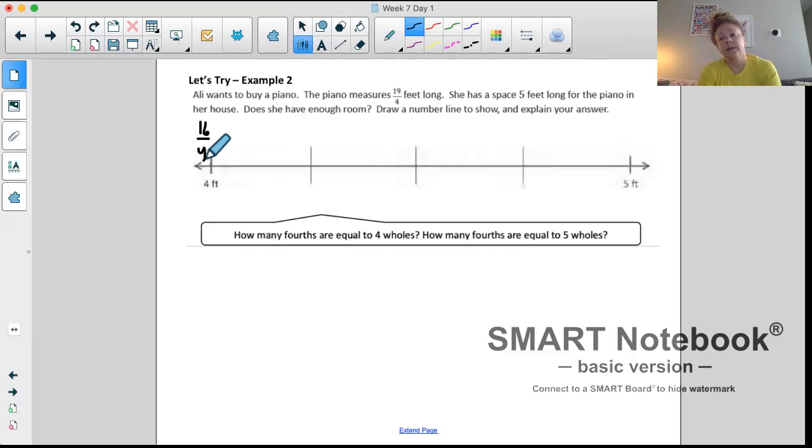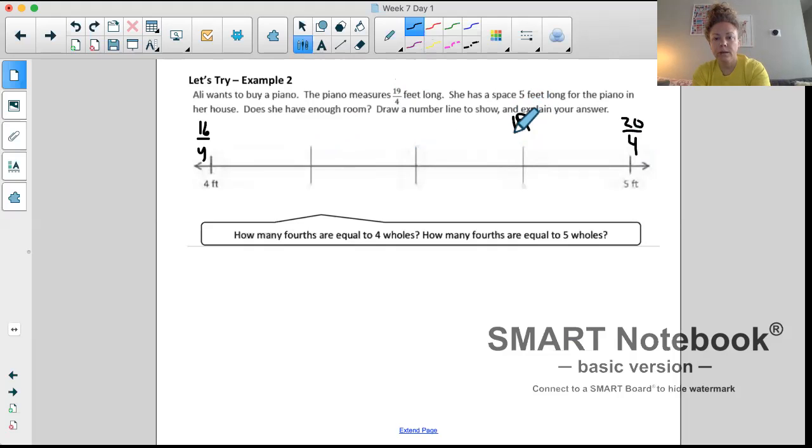Now you can either skip count by 4 again, or you can count here, 16 fourths, 17 fourths, 18 fourths, 19 fourths, 20 fourths, just like this. All right, and how long was her piano that she wanted to buy? 19 fourths, 16, 17, 18, 19, 1 less than 20 fourths.